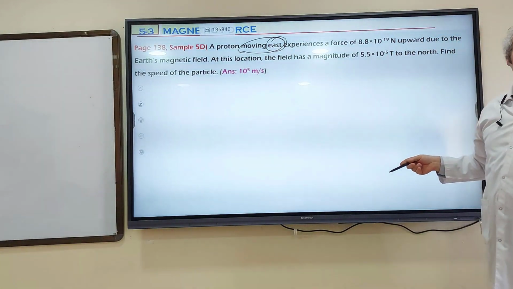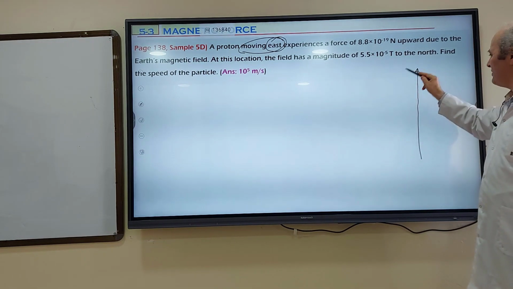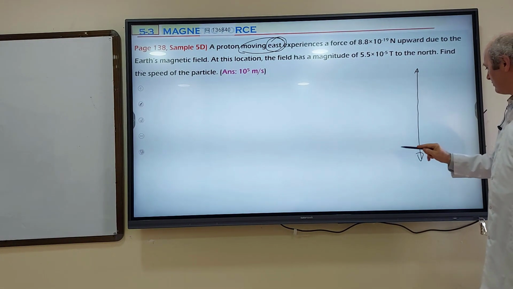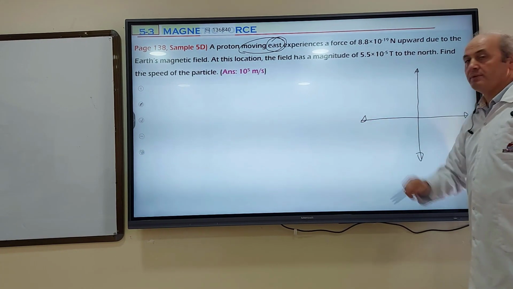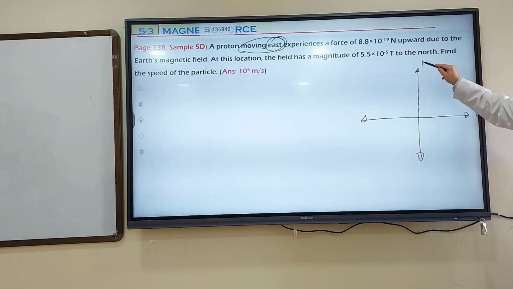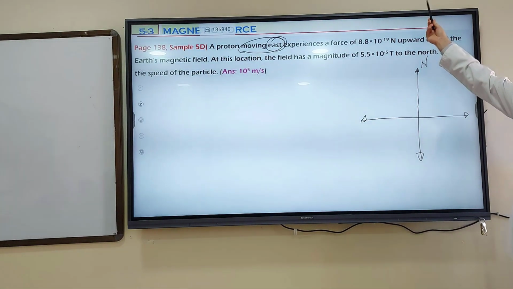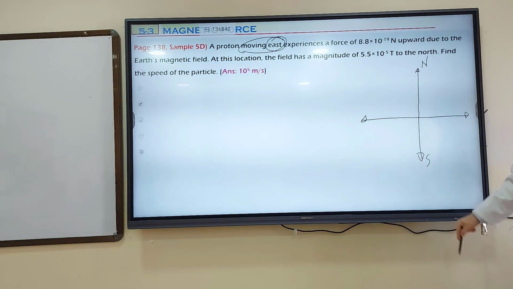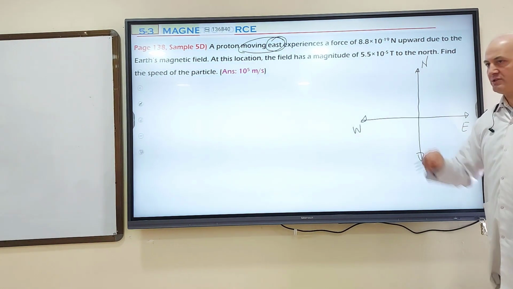Okay, let's draw the directions of the third set. I'm just going to show it to you because we are not going to find the direction of velocity, but I want to show you how to use it. Okay, this is the north direction, so it's up on the board. South is bottom of the board, so this is going to be east, this is going to be west.